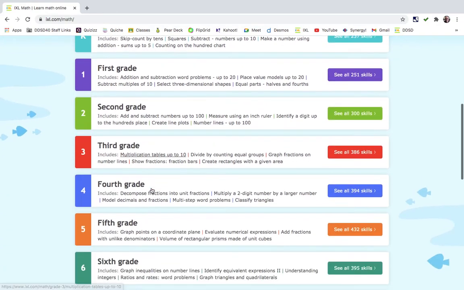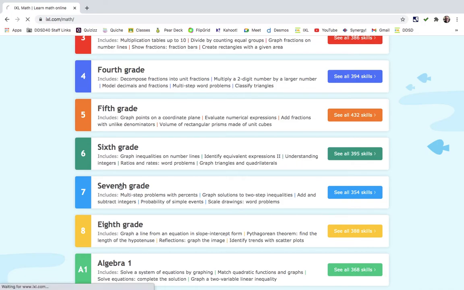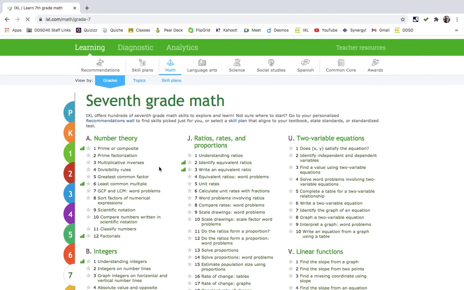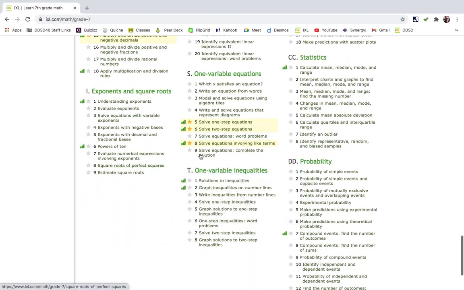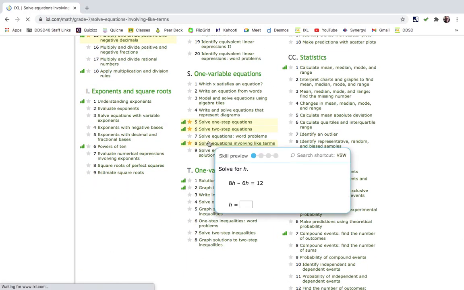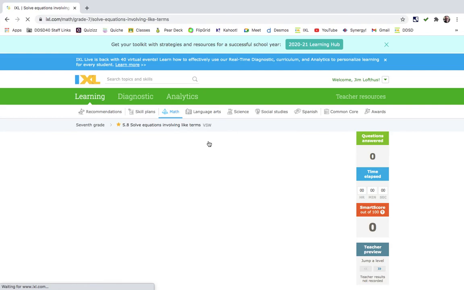So I'll go to learning and I'll go to 7th grade and we'll go to S8. Solving equations with like terms.